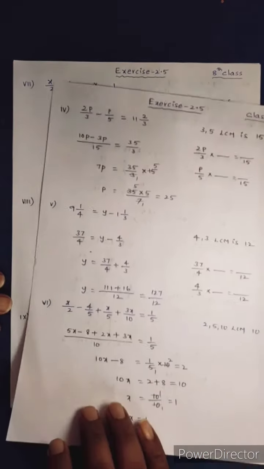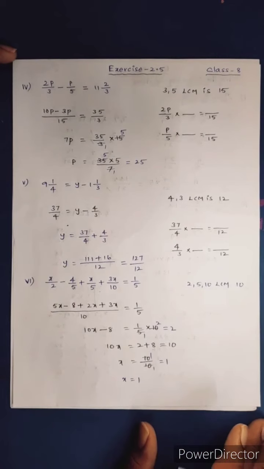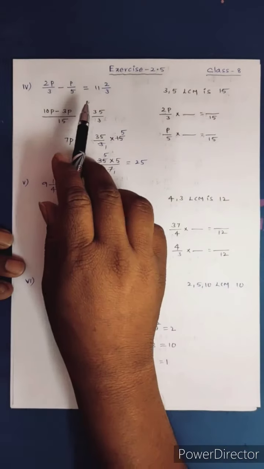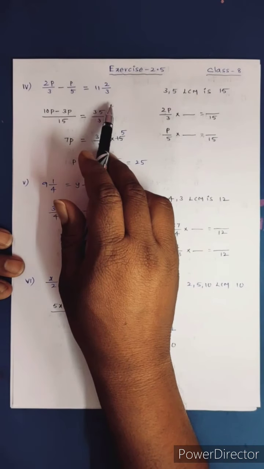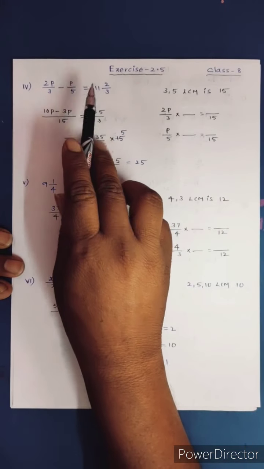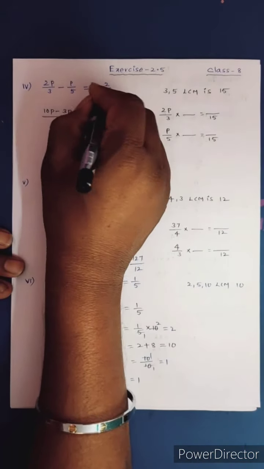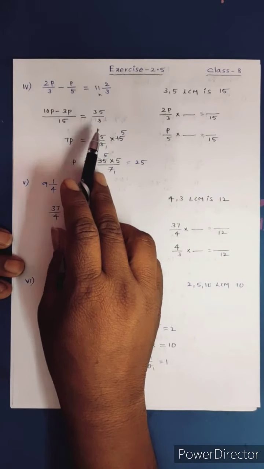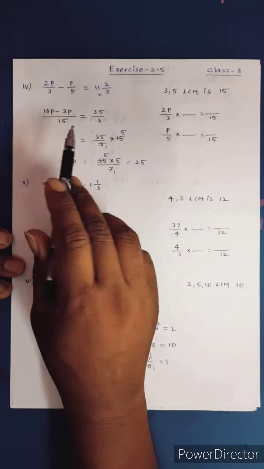Now the fourth problem: 2p/3 minus p/5 equals 11 2/3. 11 2/3 is a mixed fraction, so first convert it into an improper fraction. 3 elevens are 33 plus 2 is 35, so 35/3. The LCM of 3 and 5 is 15.